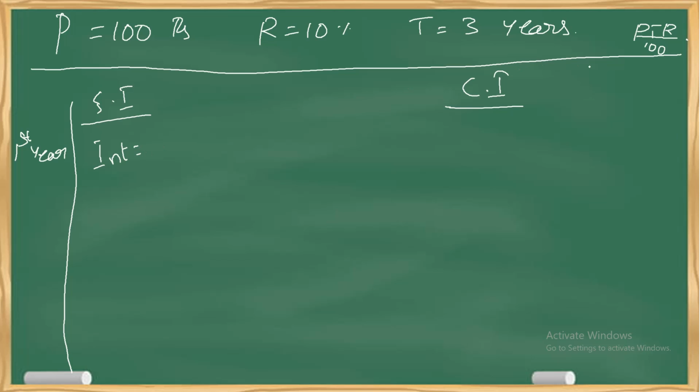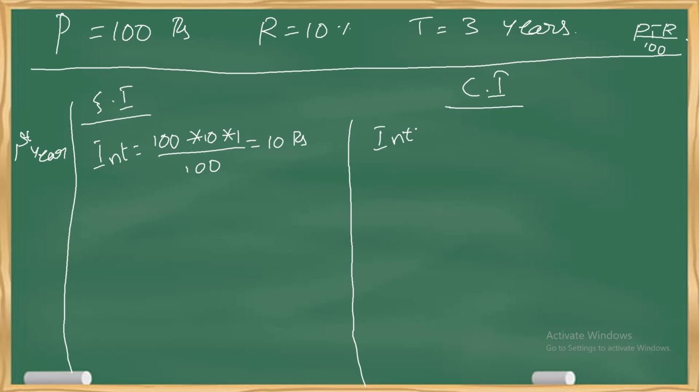So how to find the interest here? The formula is same, PTR by 100, that is 100 into 10 into only 1 year by 100. We are not finding for 3 years, only 1 year. So that is equal to 10 rupees. Here also the same thing. This is only the first year's interest, 100 into 10 into 1 by 100, equal to 10 rupees.